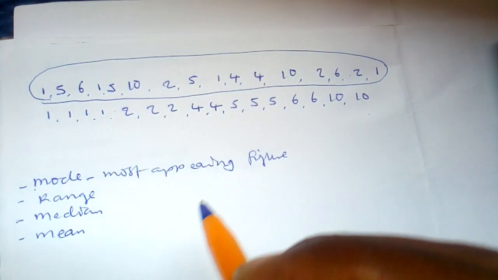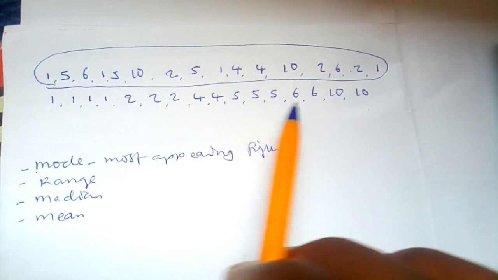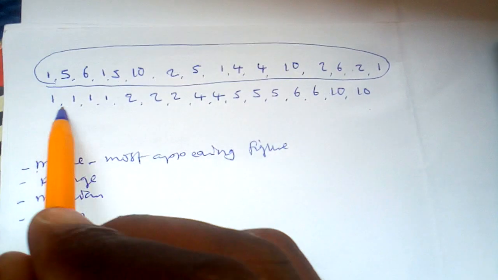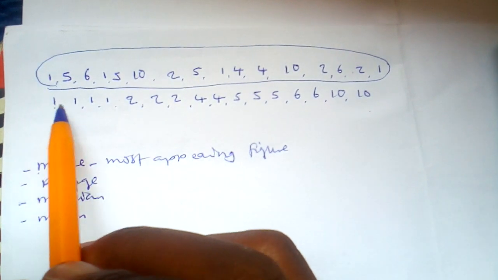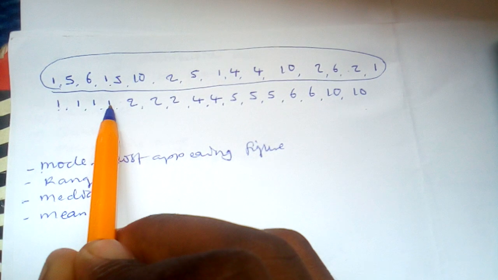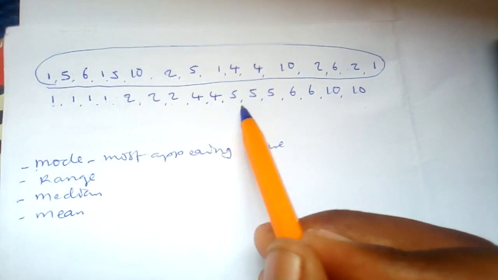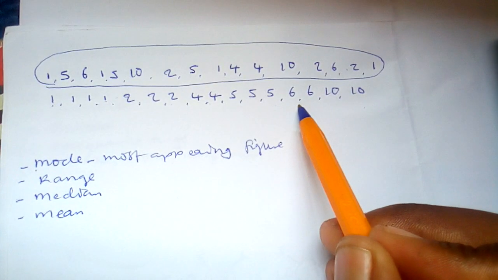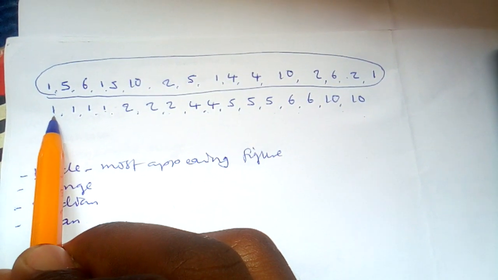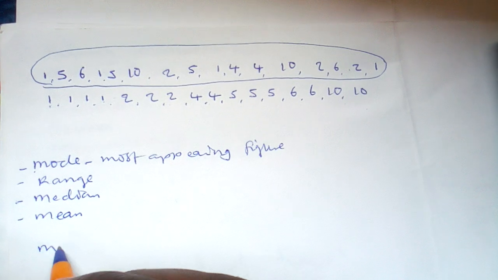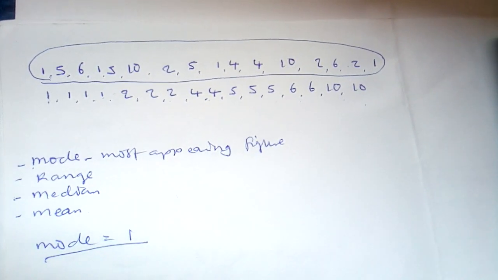So when you check here, the most appearing number or value or figure is 1, because 1 is appearing 4 times. 1, 2, 3, 4. 2 is only appearing thrice, 4 twice, 5 thrice, 6 twice, and 10 twice. So 1 is appearing 4 times, so our mode is equal to 1. So that's how you find the mode.